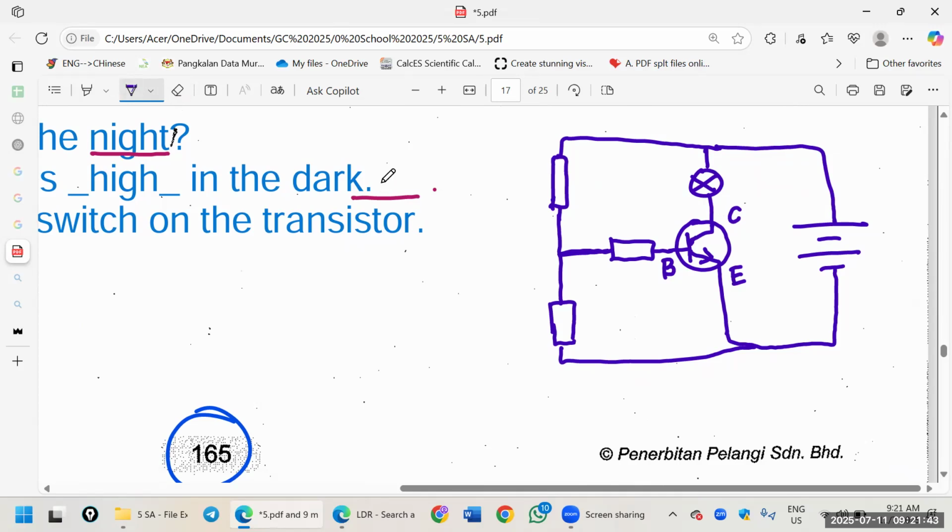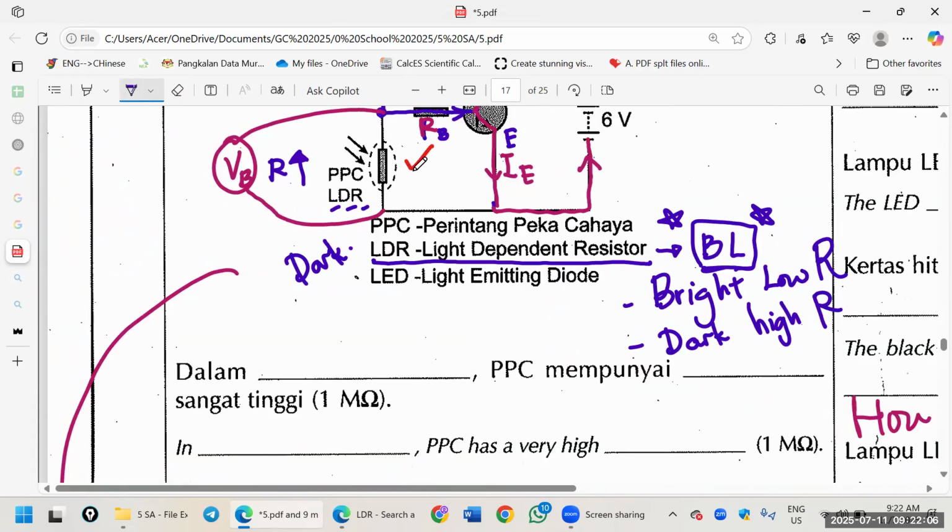Okay, so now, how to draw the LDR? LDR actually means light dependent resistor. So for light dependent, how to draw?